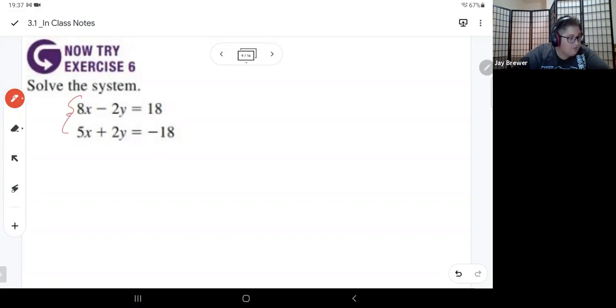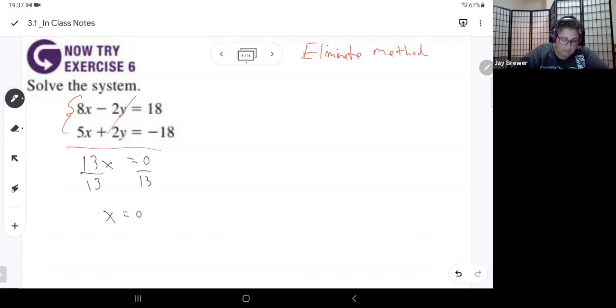So we are going to eliminate y now. Elimination is the best method here. So -2y and 2y, they eliminate. We end up with 13x equal to 0. Divide both sides by 13. x is 0.